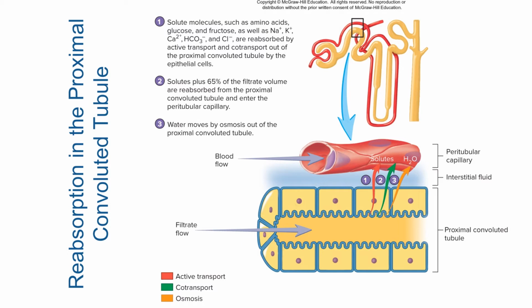As you see here, you have your proximal convoluted tubule. In between is the interstitial fluid, and the site where reabsorption occurs is your peritubular capillaries. Apart from the different transport processes, of course, there's always the influence of blood flow.